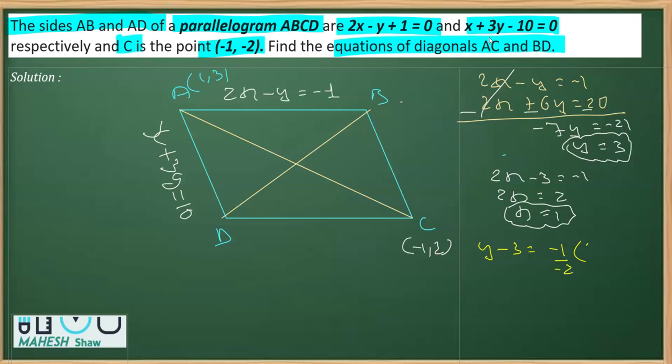Writing in the standard form, it will be x minus 2y minus 5 equals 0.